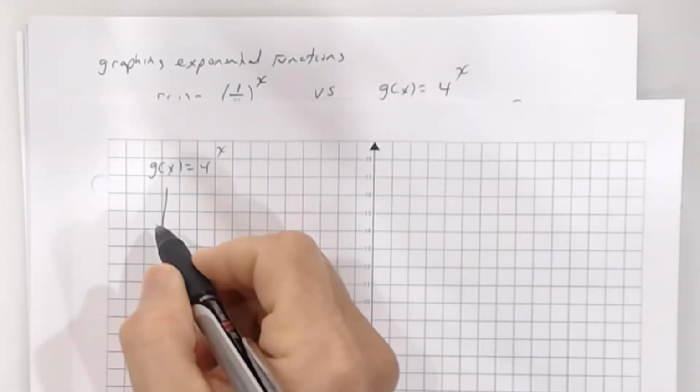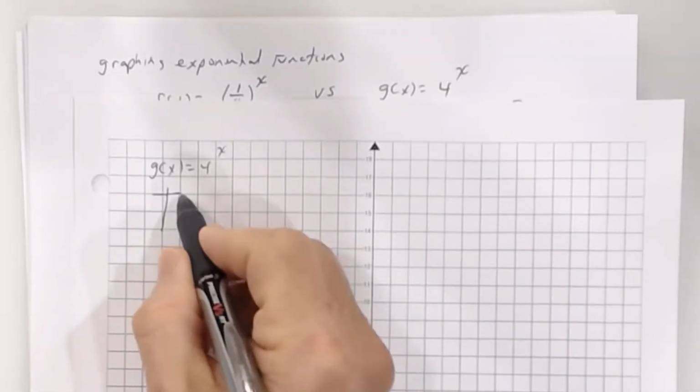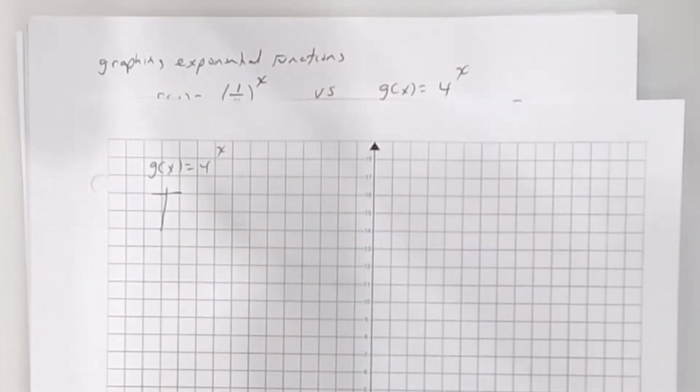Basically, all you need are a couple of points and you're done. What should be one of them you will always find? The y-intercept, right? And to find the y-intercept, you're going to let x be 0.